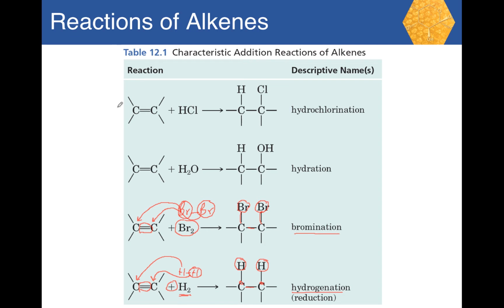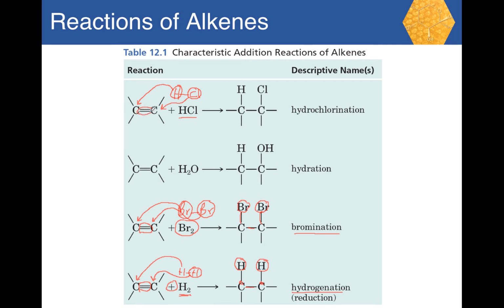Another one that we look at, let's go to the top one first, is HCl, which is H bonded to Cl. That is the molecule hydrochloric acid. As you can imagine, the hydrogen will add to one atom of the double bond, and the Cl will add to the other atom.